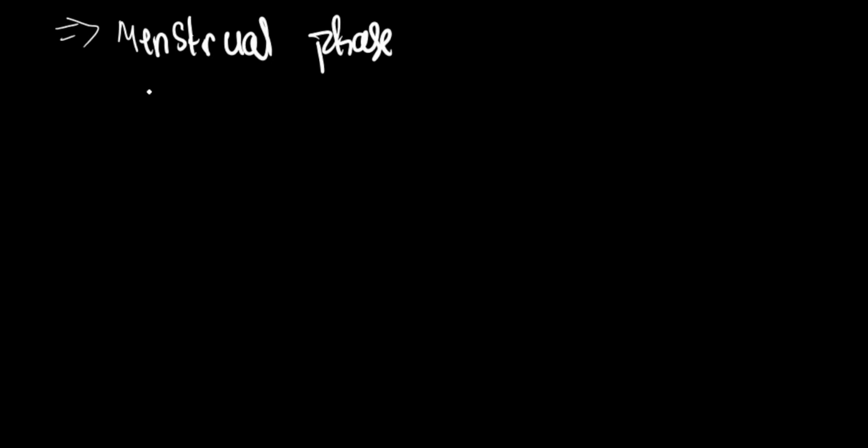In studying the menstrual cycle, we'll take a look at four phases. The first phase is the menstrual phase. Then we have the proliferative phase.